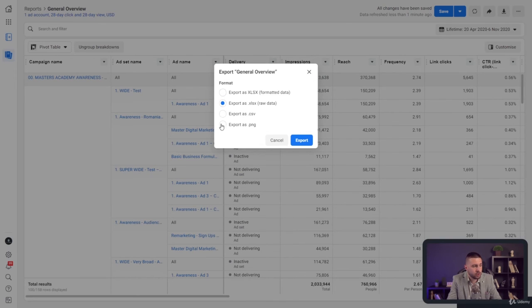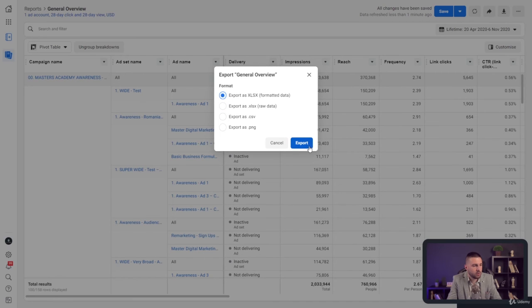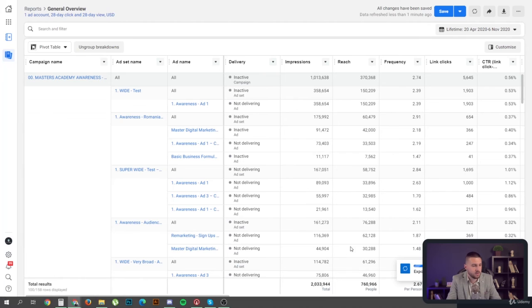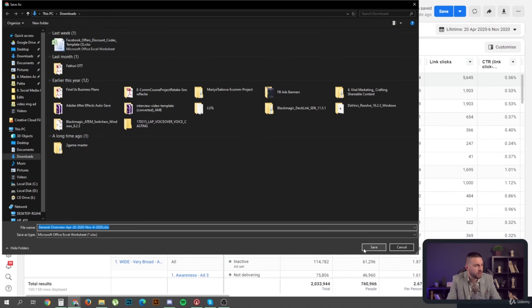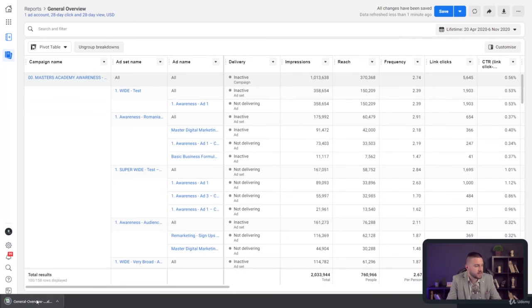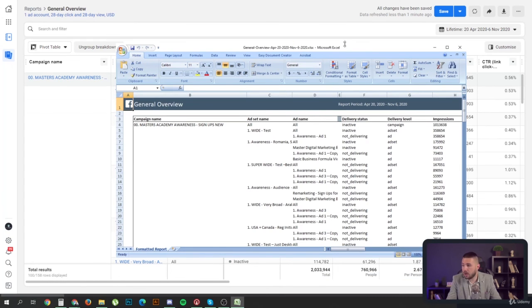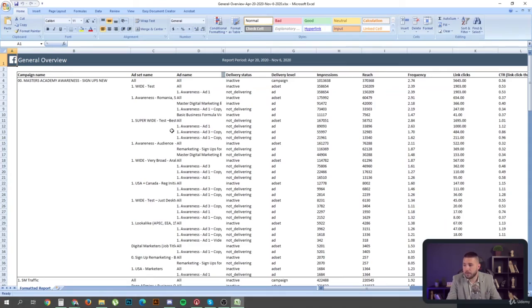And unfortunately, there's no PDF export from here. You want to export it in the formatted data. And then once you do export it, you can actually convert it into a PDF, maybe print it or send it to someone else. And the cool part about exporting it into Excel is that you can actually manipulate that report in Excel, which is very, very cool.